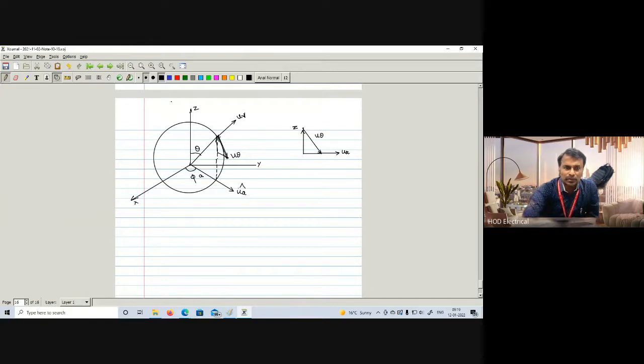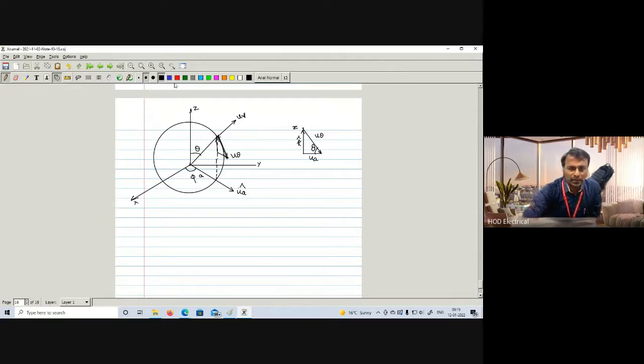Now we can say this direction is nothing but u_a, and this is along the direction of the z-axis, therefore k, and then this angle will be theta.